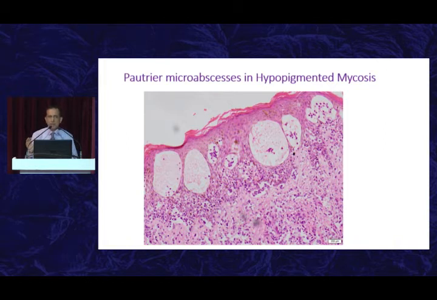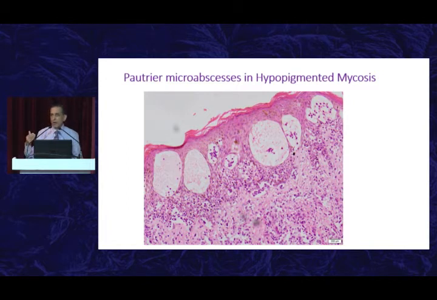Okay? So what are we talking about? We are talking about histology where there is an atypical infiltrate in the epidermis, but hardly any infiltrate in the dermis. And also, the atypia in the epidermis is the same in both, but hardly any atypical cells in the dermis in the hypopigmented type.